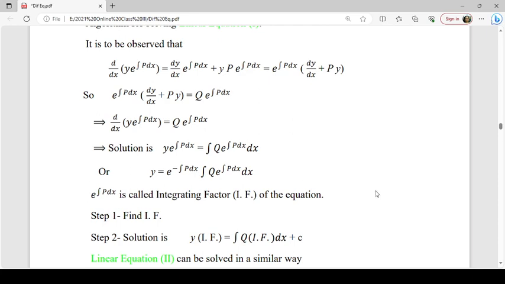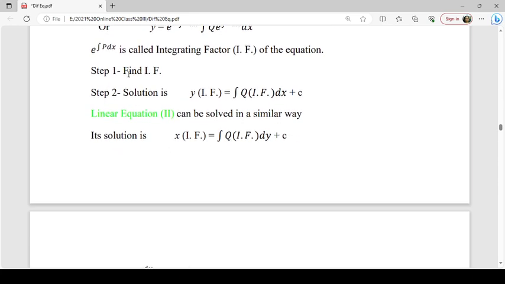So we just have to remember this. Step 1, find the integrating factor; step 2, the solution is y into integrating factor is equal to this one. So this is the solution for a linear equation. Then another form is here.